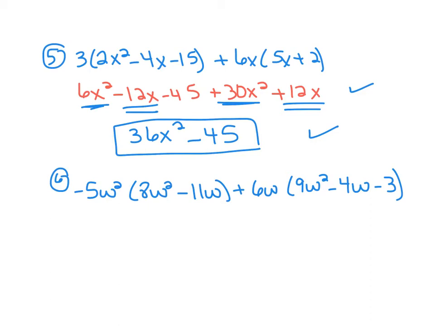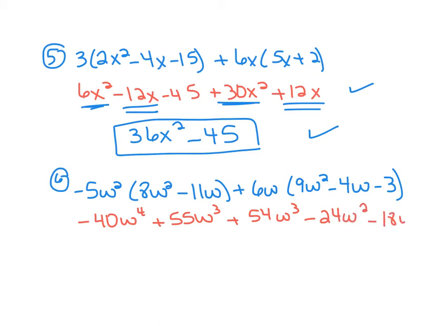Here's what you should have had in step 1: negative 40w to the 4th plus 55w to the 3rd plus 54w to the 3rd minus 24w squared minus 18w. Now, the only ones to combine are your middle terms.